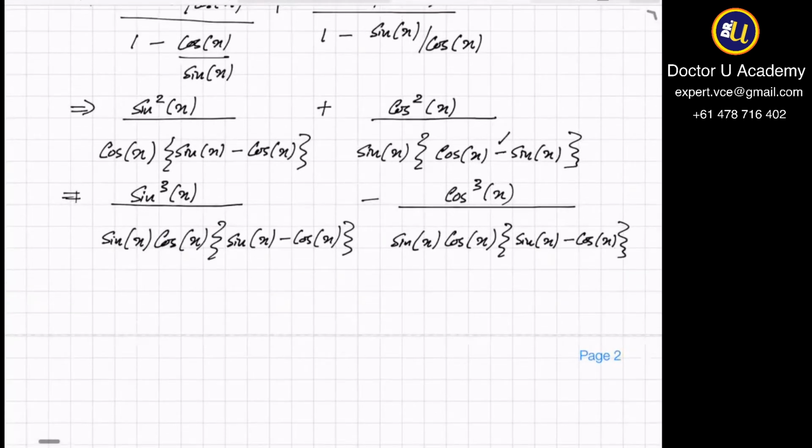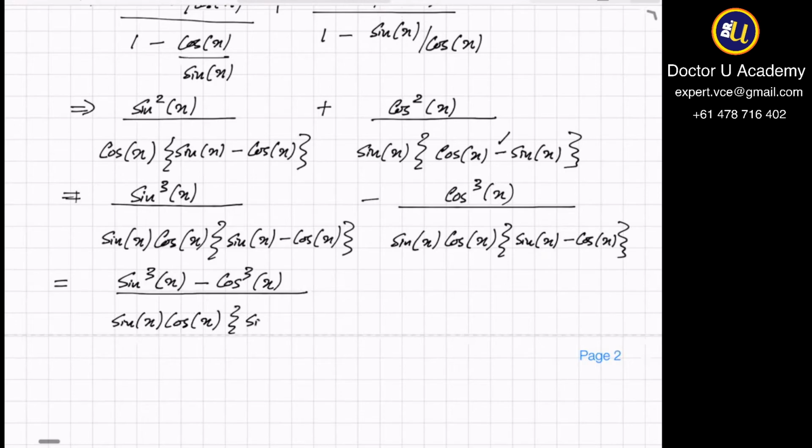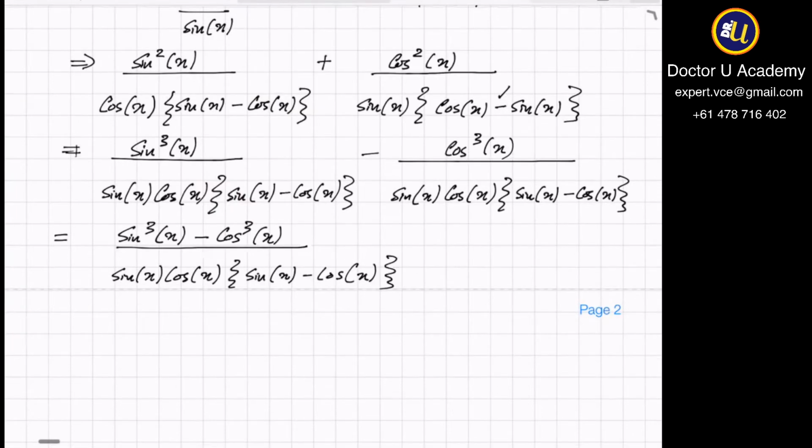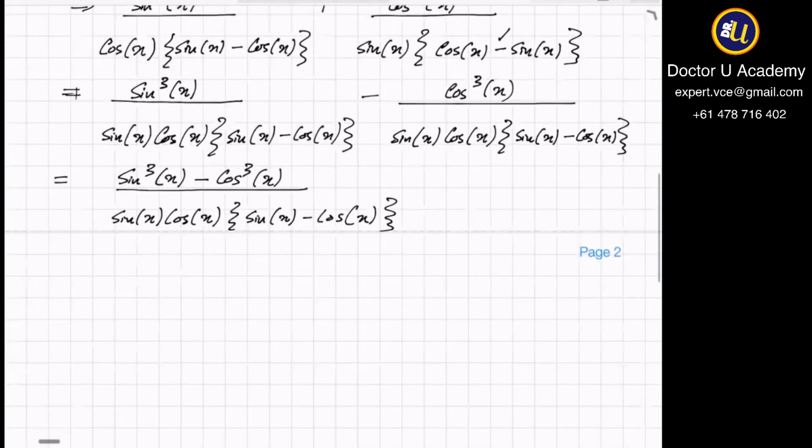Now what I can do, I can just combine those two terms, right? So sine cubed x minus cos cubed x divided by sin x cos x. Here I have sin x minus cos x. Yeah, so now we have a cube, sin cubed x minus cos cubed x, right?